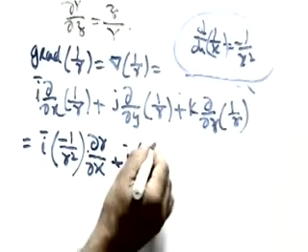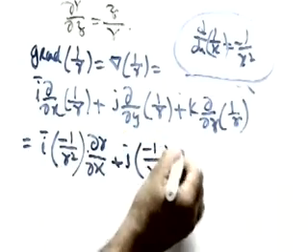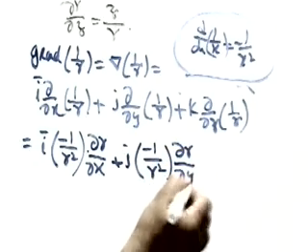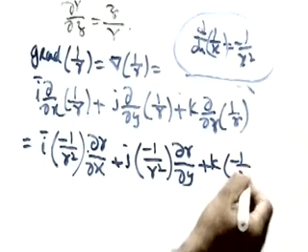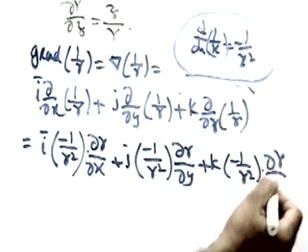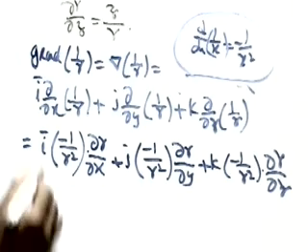Now see here, plus j into minus 1 by r square, but we have to differentiate with respect to y now, so we write dou r by dou y. In the same way, plus k into minus 1 by r square into dou r by dou z. So let us do one thing.